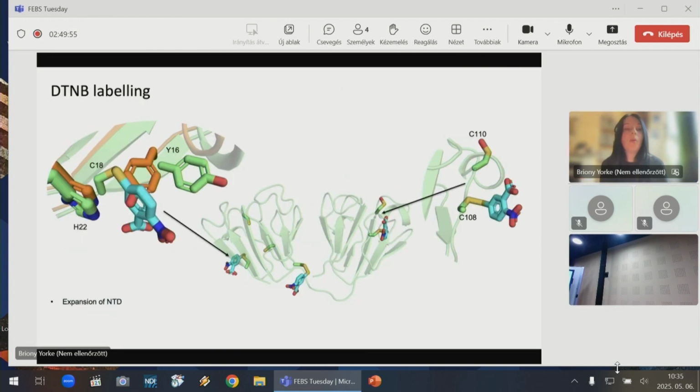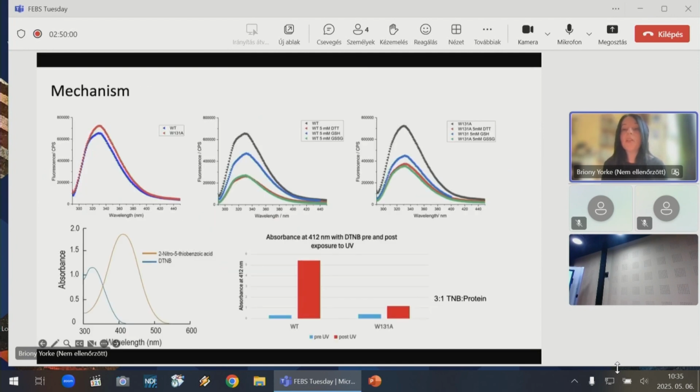We then wanted to see, because what we saw was a ratio of our DTMB binding to protein of 3:1. We know there's 3 surface cysteines that are solvent accessible. However, one of them we didn't think was a thiol group.